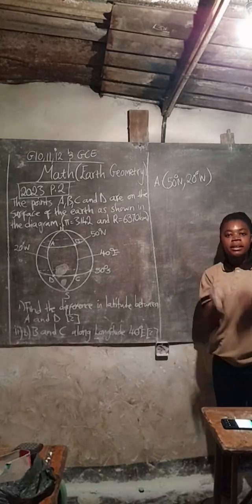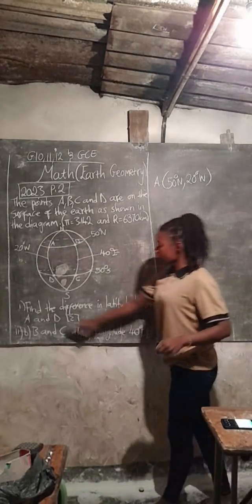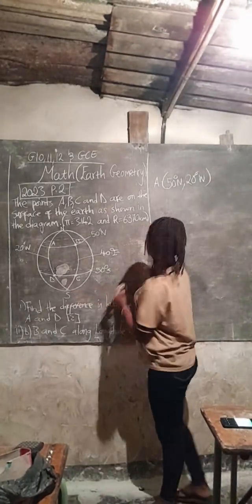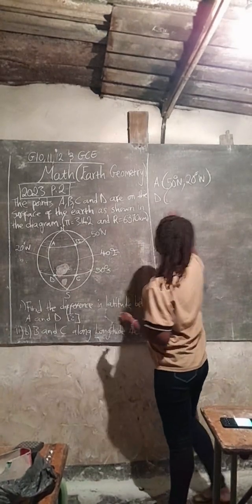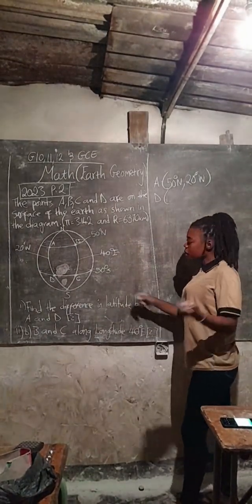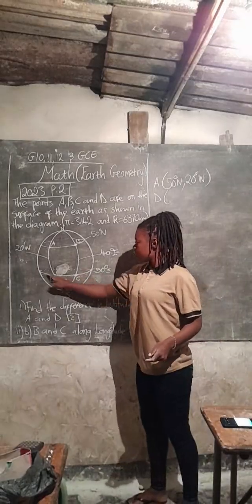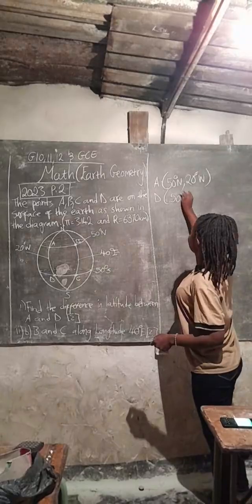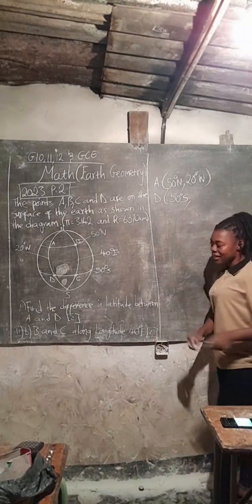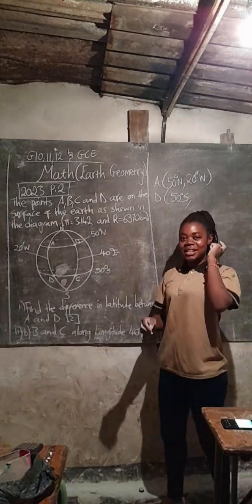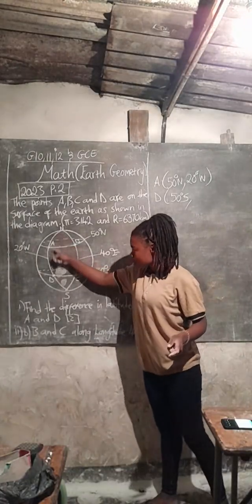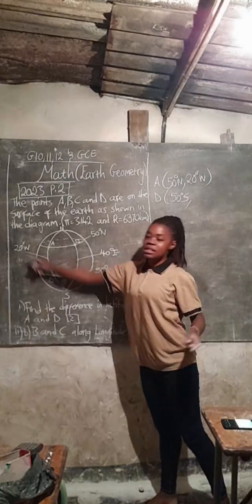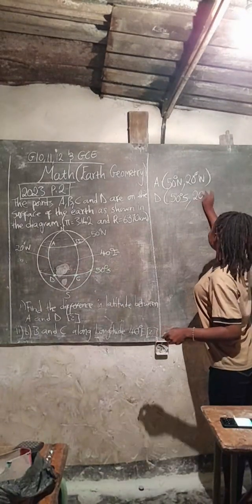Point D, open brackets: it is on latitude 50 degrees south, comma, longitude 20 degrees west.